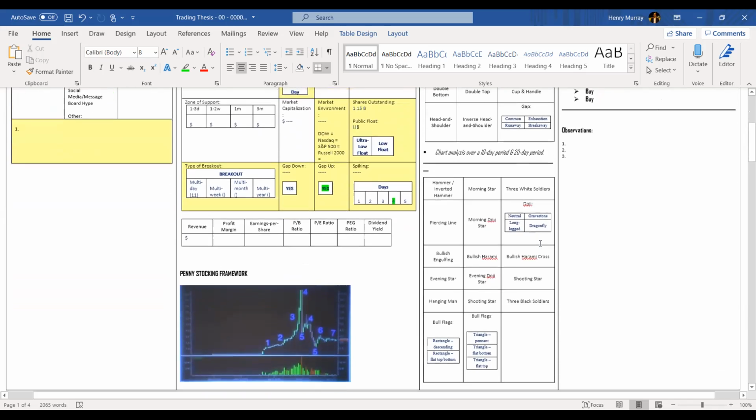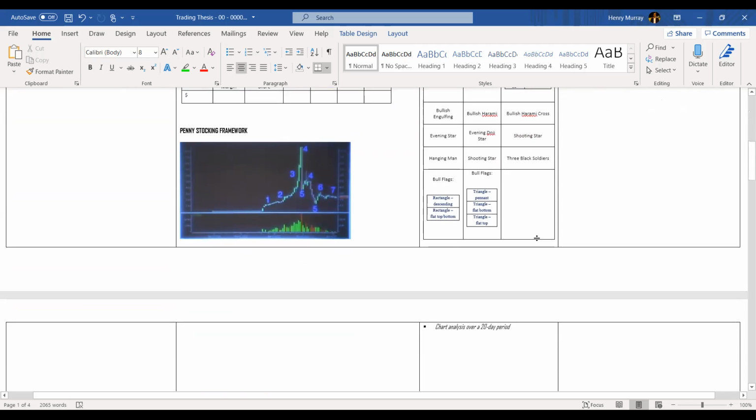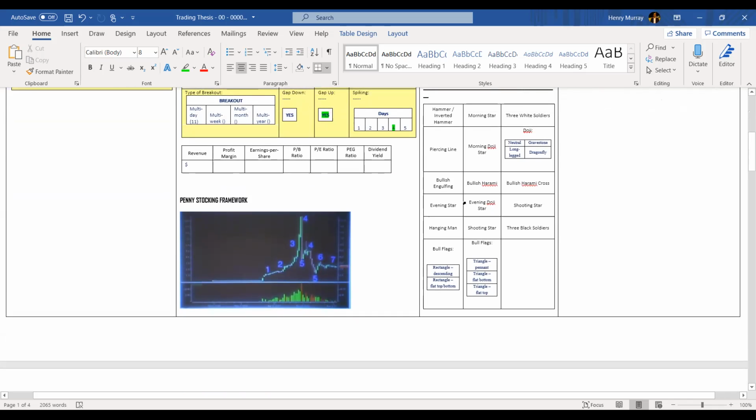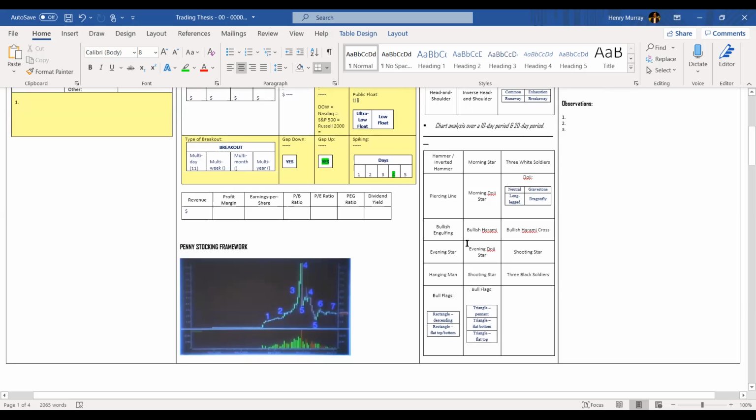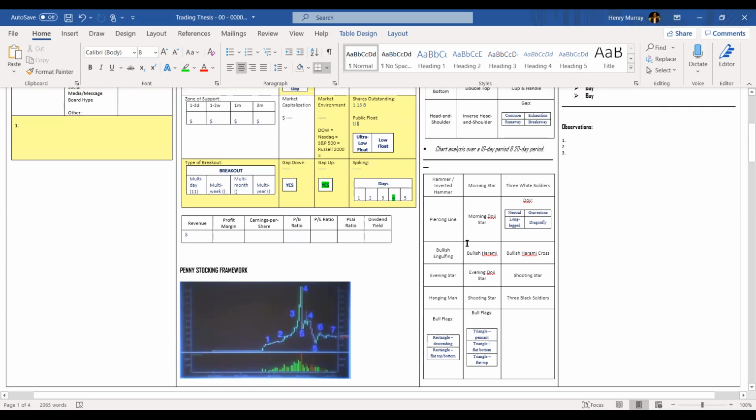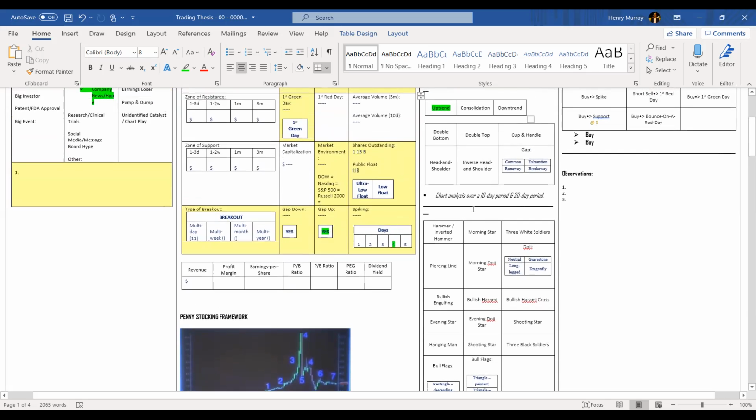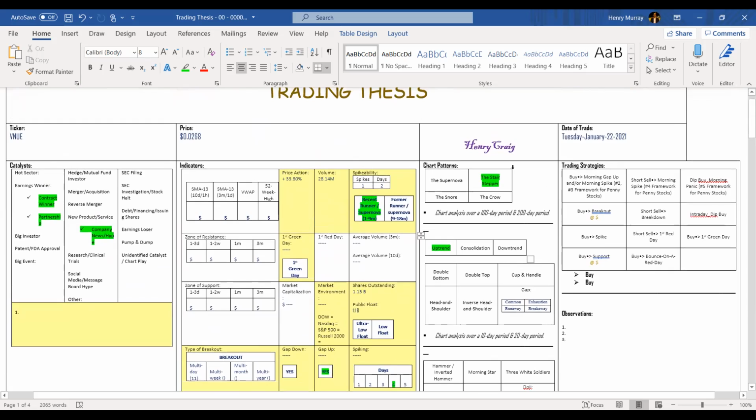And if I'm looking at other chart patterns, I might go out to 20 days looking to identify bull flags or shooting stars or evening star, identifying various dojis and so forth. All of these different chart patterns can help you to further formulate your trading plan and trading thesis.